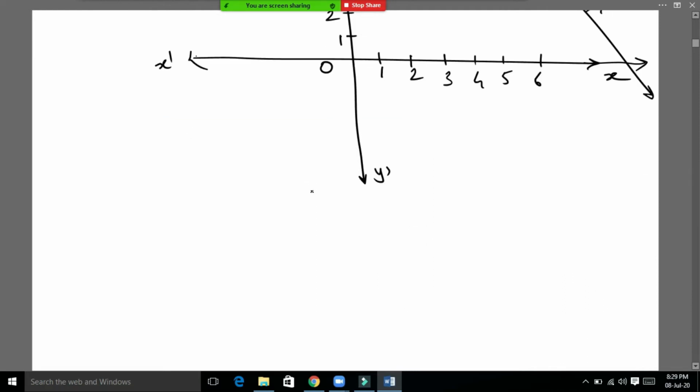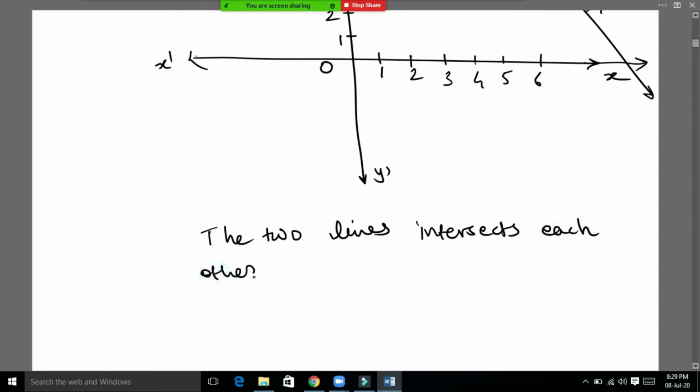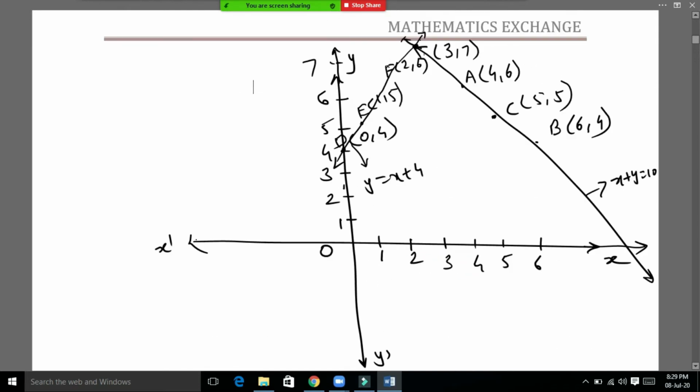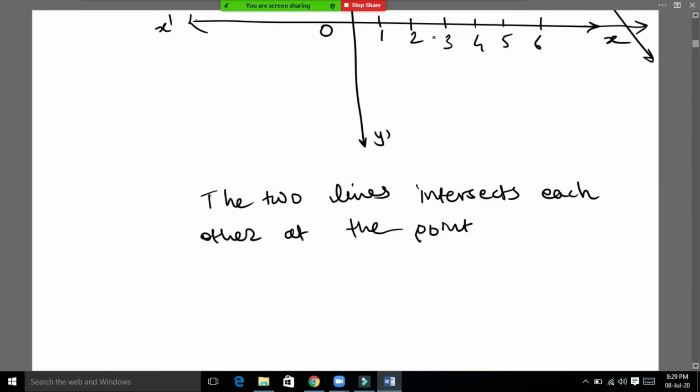So in the last, we write down that the two lines intersect each other at a point. Suppose we name this point P, the point P (3, 7).